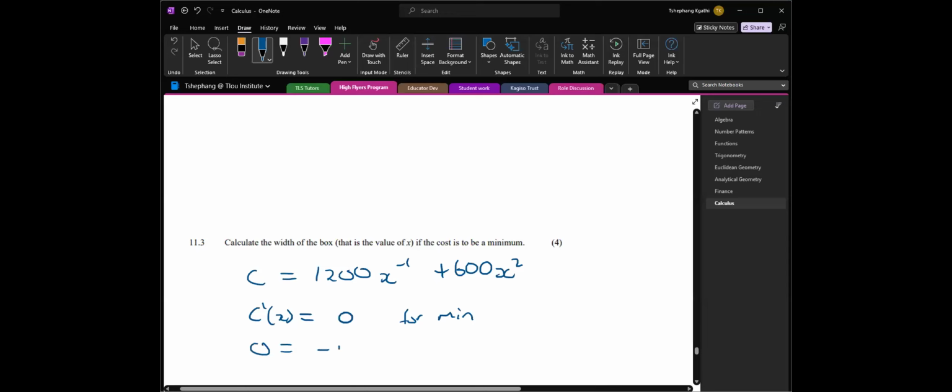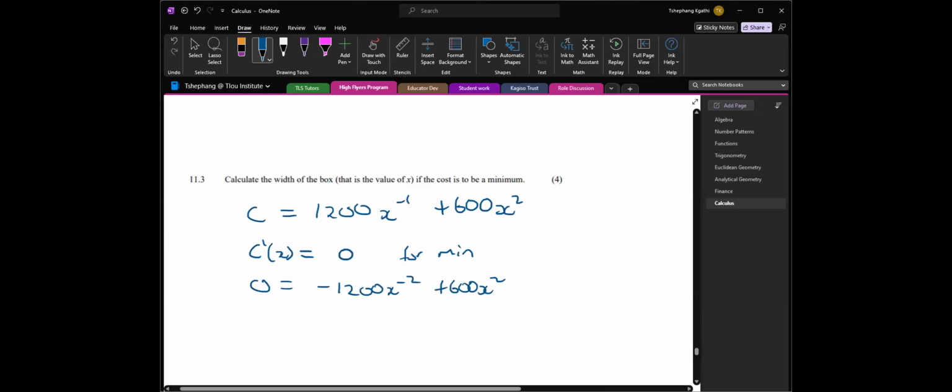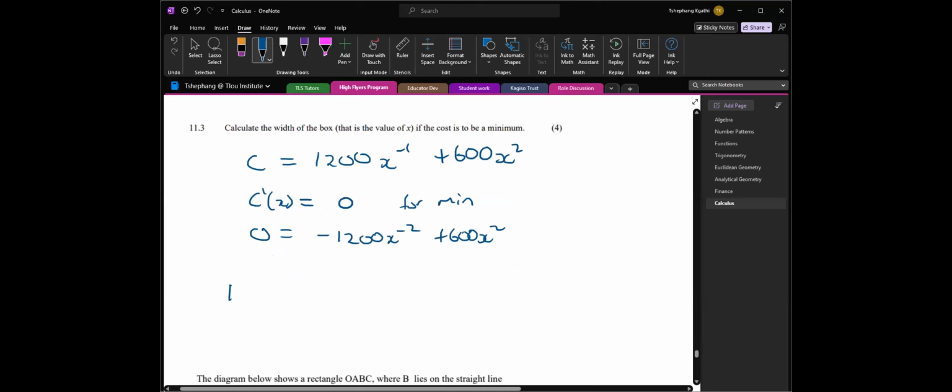0 is equal to negative 1,200 x to the minus 2 plus 600 x squared. Then 1,200 x to the minus 2 is equal to 600 x squared.